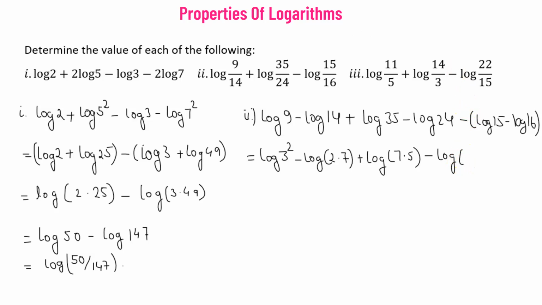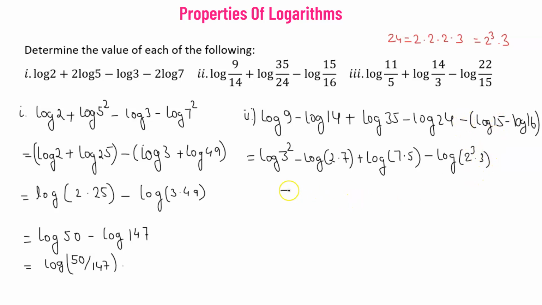So the factors of 24 are, so we have 2 times 12. So 12 will be 2 times 6, 2 times 3. So we have 2 times 2 times 2 times 3 is 24, which is also 2 cubed times 3. We'll use this. So this will be 2 cubed times 3.